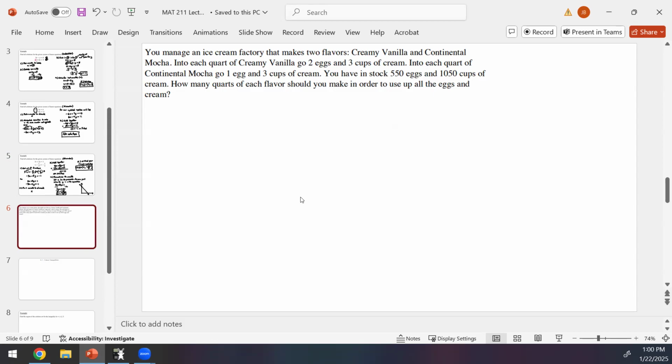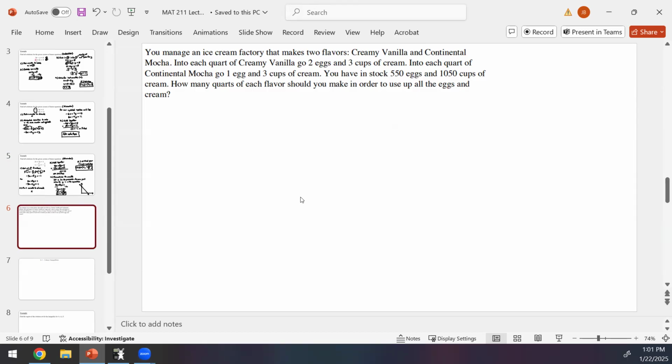But then if you read the last sentence, which is what they're asking you, that's really the variables. They say, how many quarts of each flavor should you make? So the eggs and cream are not going to be your variables. The variables are how many quarts of each flavor you are going to make.